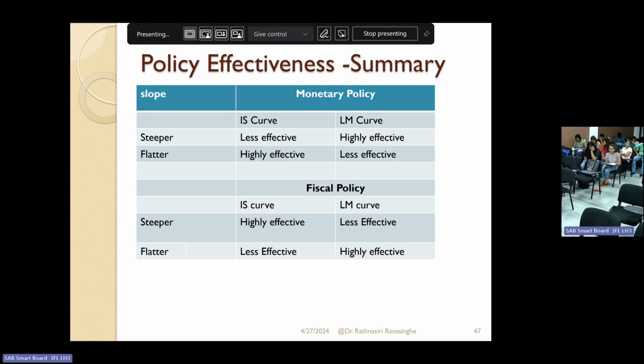Fiscal policies are more effective if you have a steeper IS curve and a flatter LM curve. We can take one factor at a time. So that is the policy effectiveness.